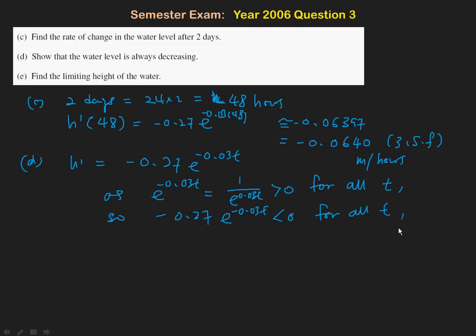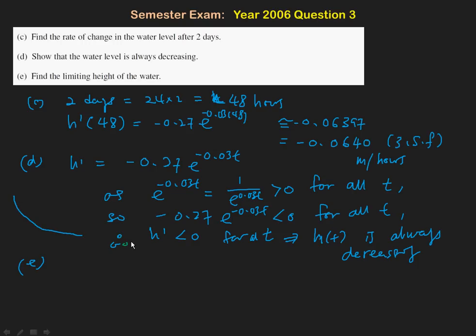And so h prime is negative for all t. That means h(t), the function, is always decreasing because its slope is always negative. And we saw from our investigation that it is always sloping down.